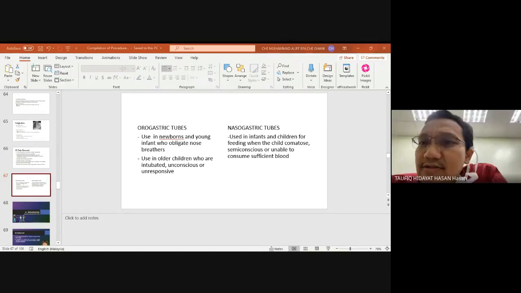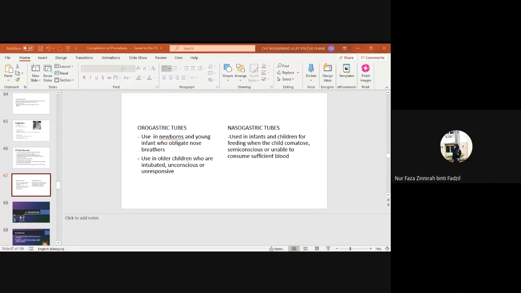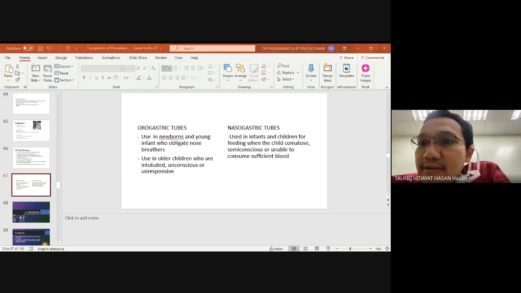In older children tuh kalau dia alert or semi conscious, if we put OGT dia akan tarik-tarik yang gigi, not comfortable lah. Tapi kalau dia unconscious, koma, ya kita put OGT should be okay.